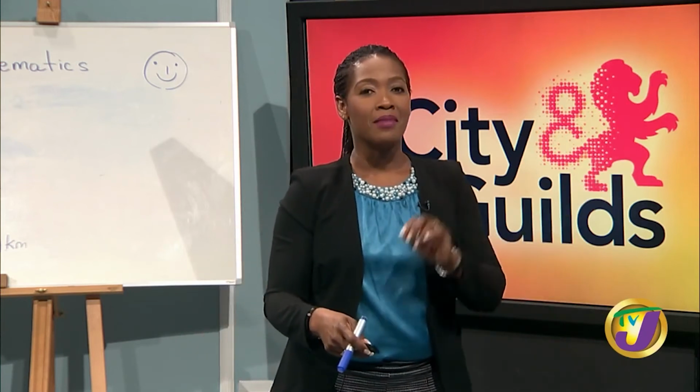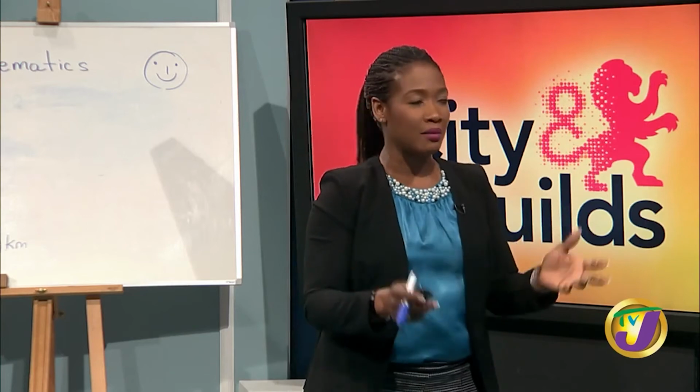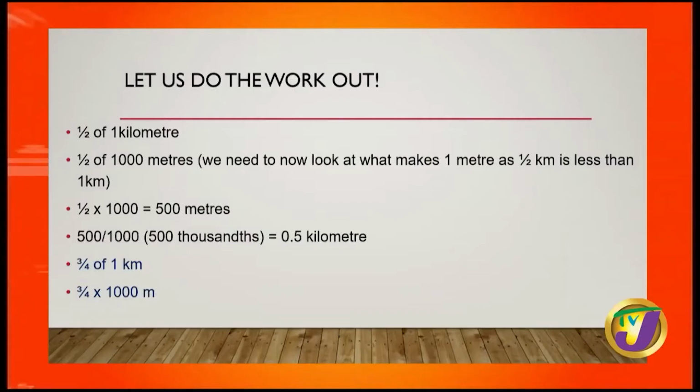And that would be meters. So with 1,000 meters, you can now look at less than 1. So 3/4 of 1,000 is 750 meters. And if you were to look at it out of the whole, it would be 750 thousandths. And you'd represent it 0.75 kilometer.